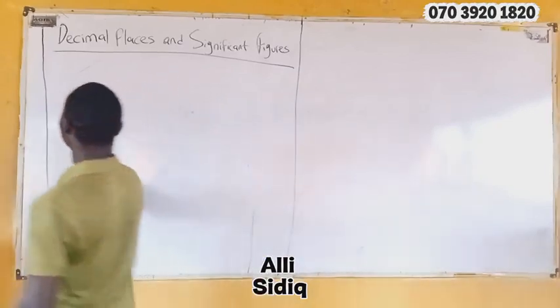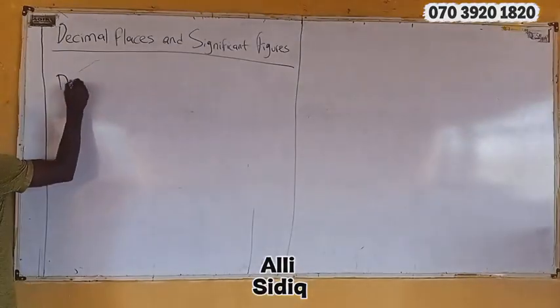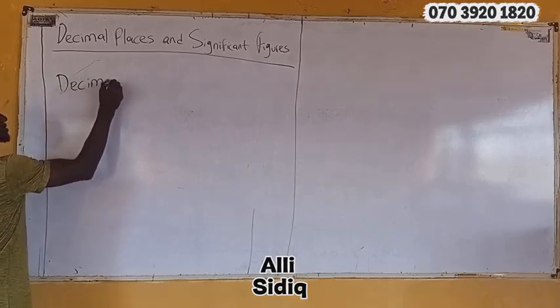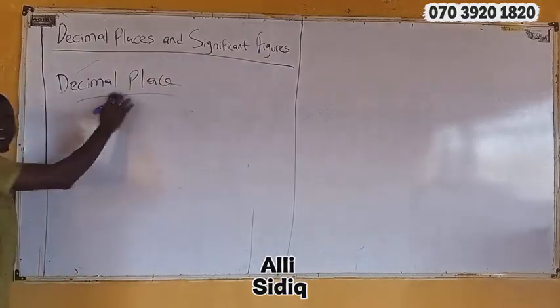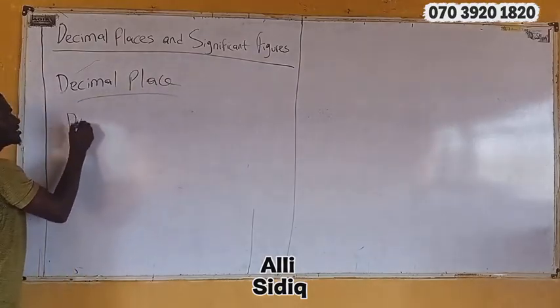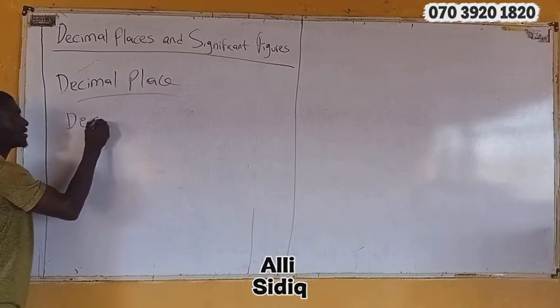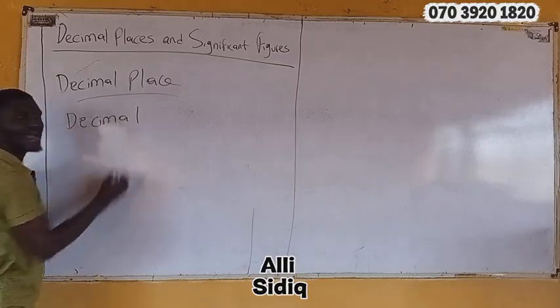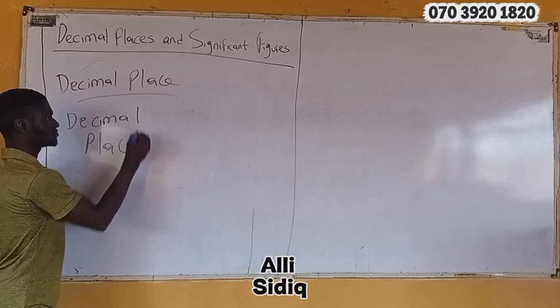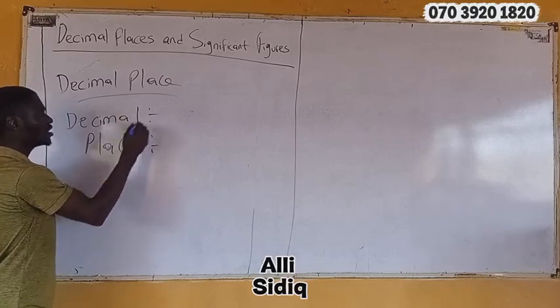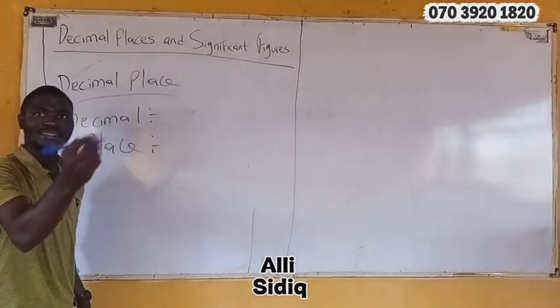Decimal places. These are two keywords: decimal and place. What do you mean by decimal?